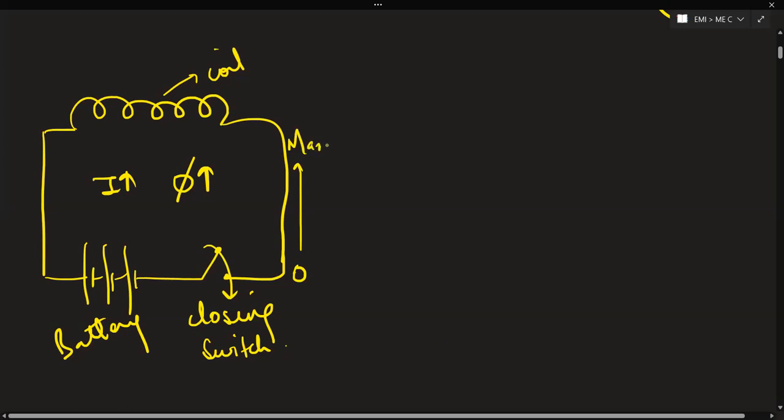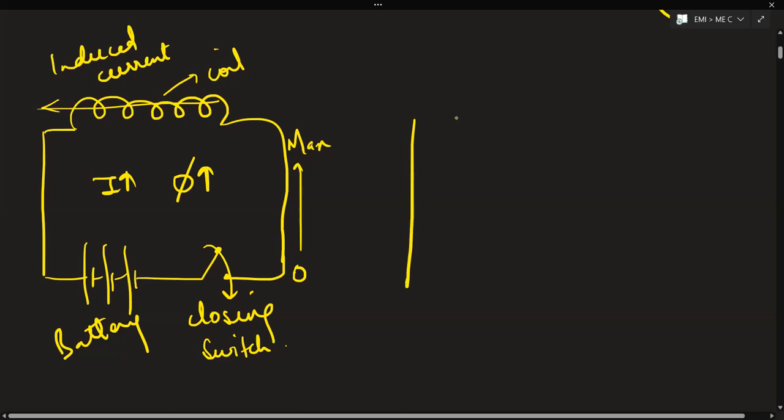So the induced current flows in the opposite direction to the direction of the battery current.